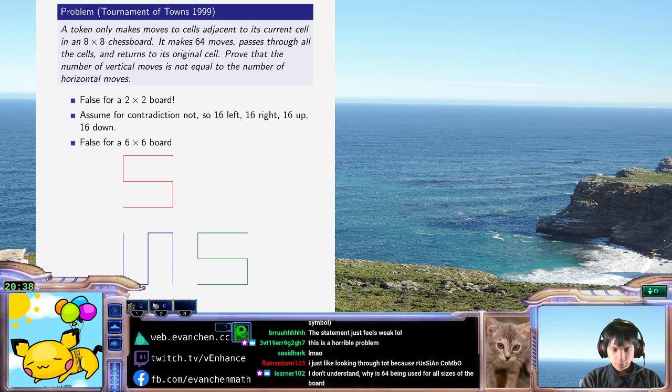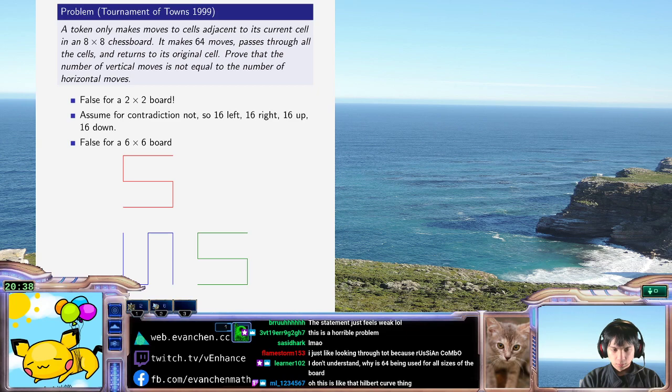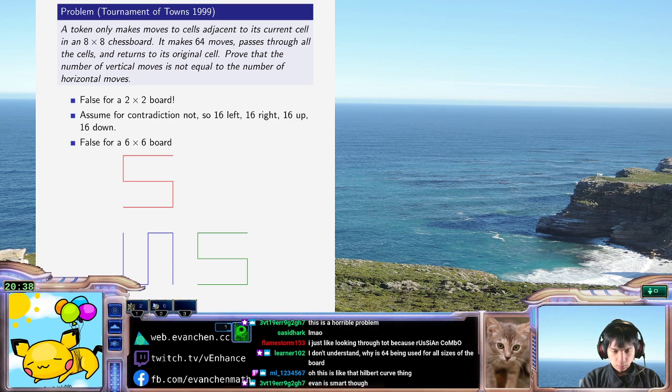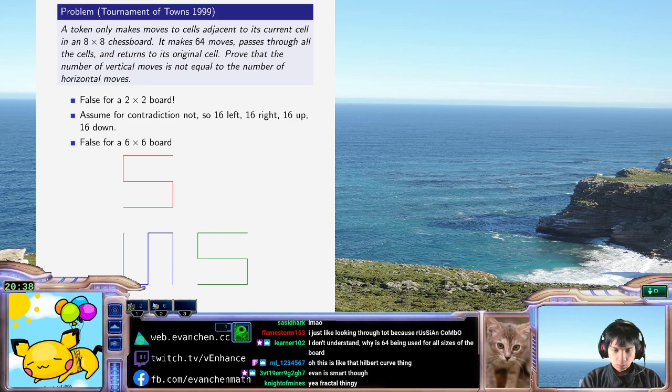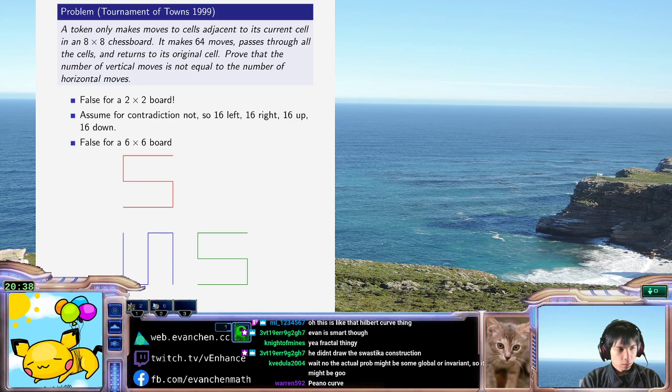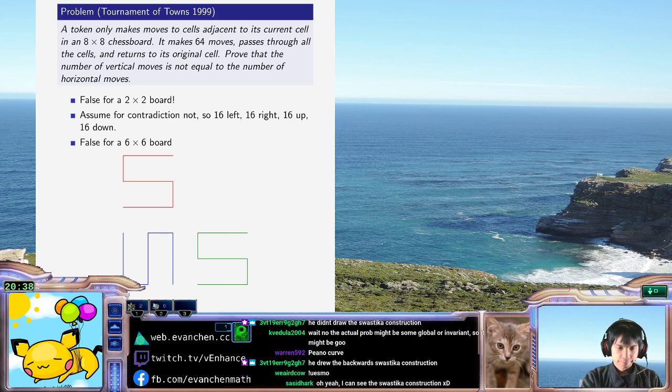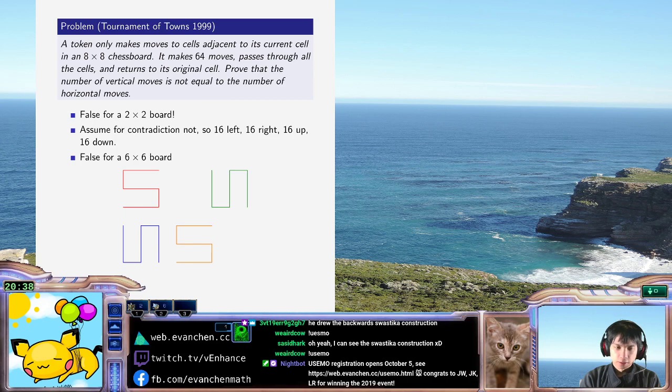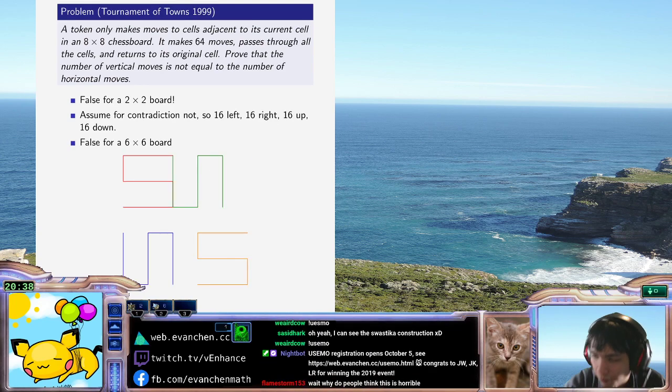Okay, what's the last one? Yeah, so this is interesting that it's actually just completely false for 6x6 or in general any board that isn't 2x2.